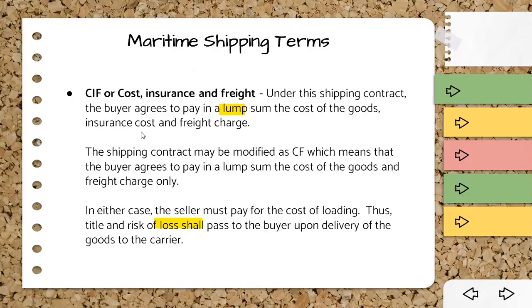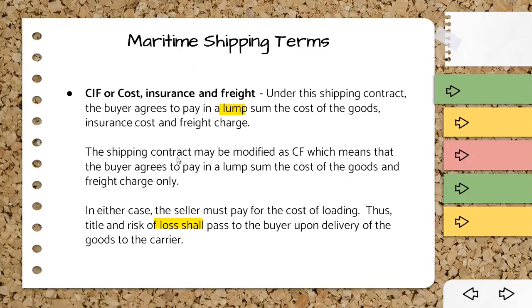Another maritime shipping term is the CIF or cost, insurance, and freight. So under the shipping contract, the buyer agrees to pay in lump sum the cost of the goods, the insurance cost, and freight charge. So yun yung ang buyer ang magbabayad no ng cost, insurance, and the freight charges.